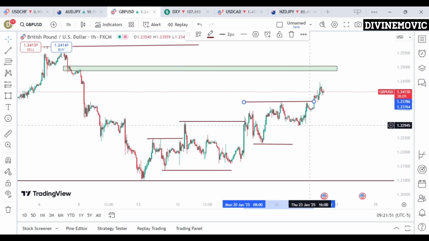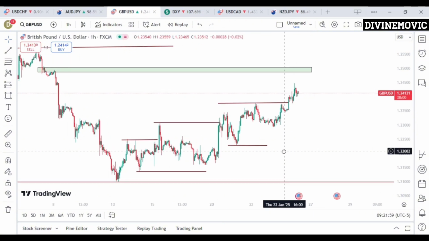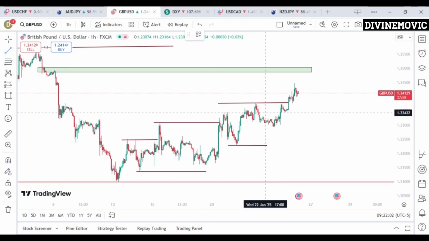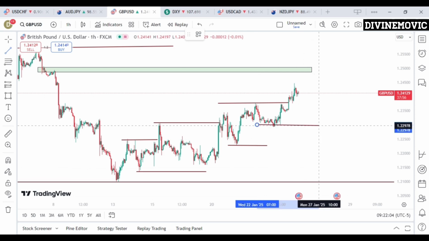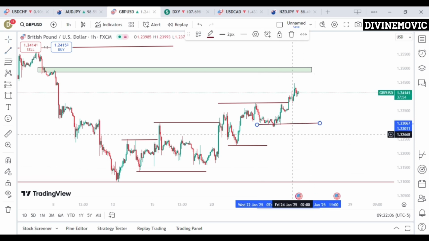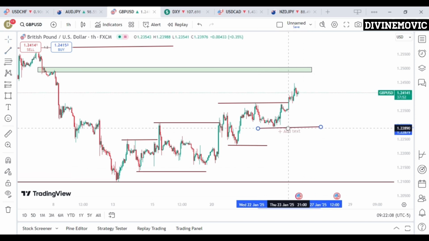Now notice how price has been generating liquidity at this particular point here. As price is moving to the upside, price is basically generating liquidity. And if you look closely, this is a low, right? This is the last low on the 1 hour time frame.